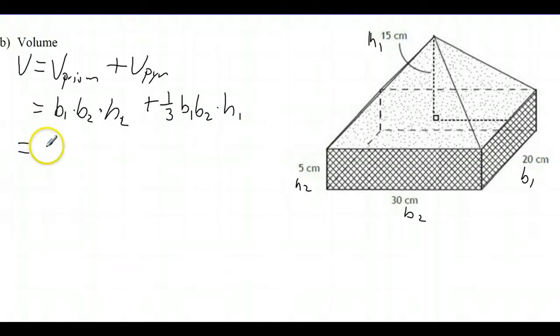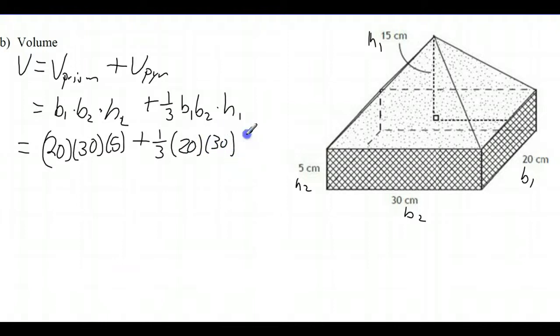Fill in numbers. Maths is just formula. Whatever formula we're using, let's substitute in, and make sure we've got everything labeled consistently. I don't care how you label these, it just needs to be consistent. So numbers: 20 times 30 times 5 plus 1/3 of 20 times 30 times 15.